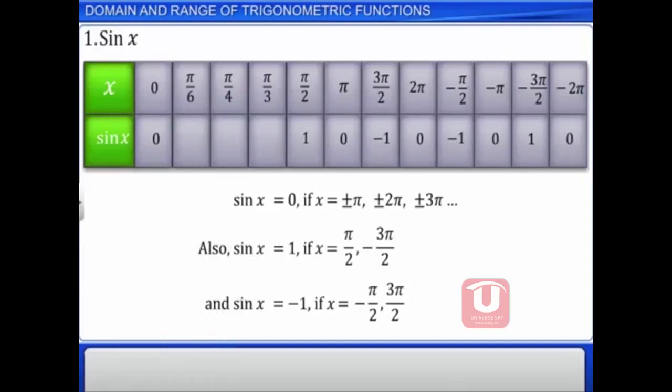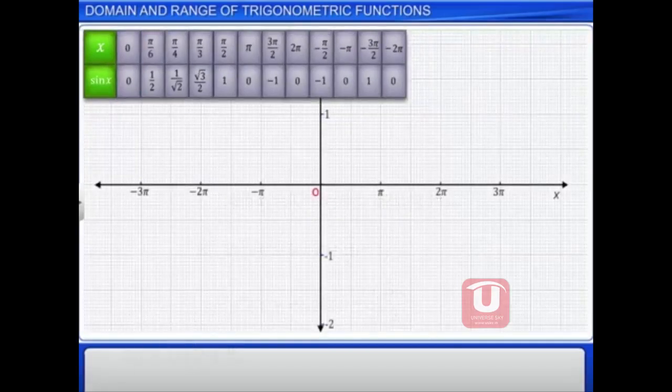Sin pi by 6 is half. Sin pi by 4 is 1 by root 2. And sin pi by 3 is root 3 by 2. Now, let us plot the values of x on the x-axis and the corresponding values of sin x on the y-axis.